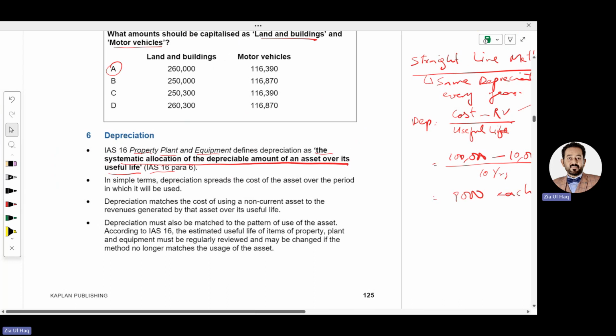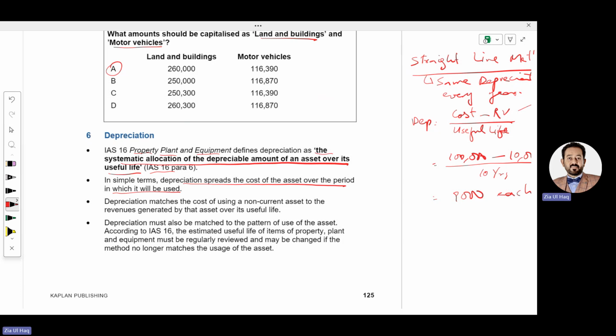So what is depreciation? The systematic allocation, meaning every year we need to allocate some cost of the depreciable amount of an asset over its useful life. In simple terms, depreciation spreads the cost of an asset over the period in which it will be used. We are using that asset for 10 years, so we are charging the asset cost to revenue for 10 years.